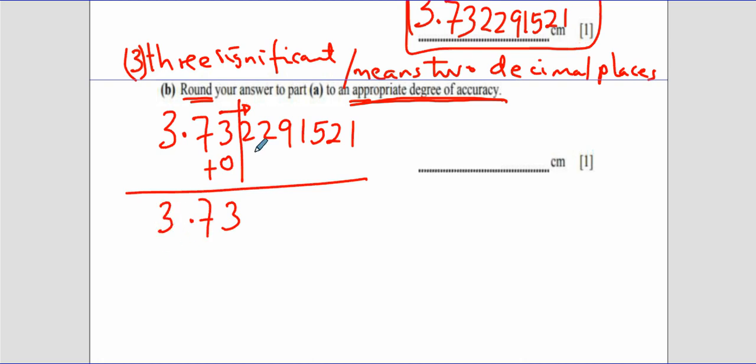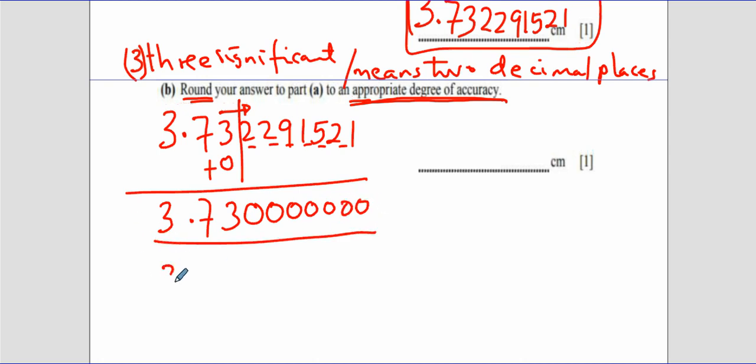You know the theory. For significant figures, all those digits turn into 0. This is answer number 1. Answer number 2, you know the theory. The decimal point is there. All the zeros after that can be cancelled.